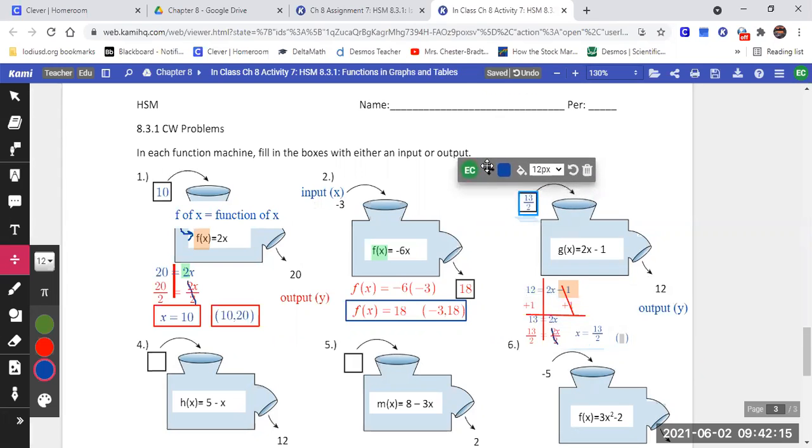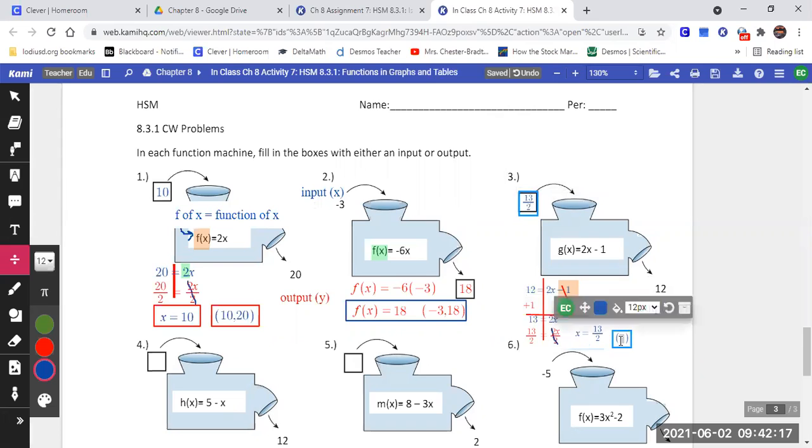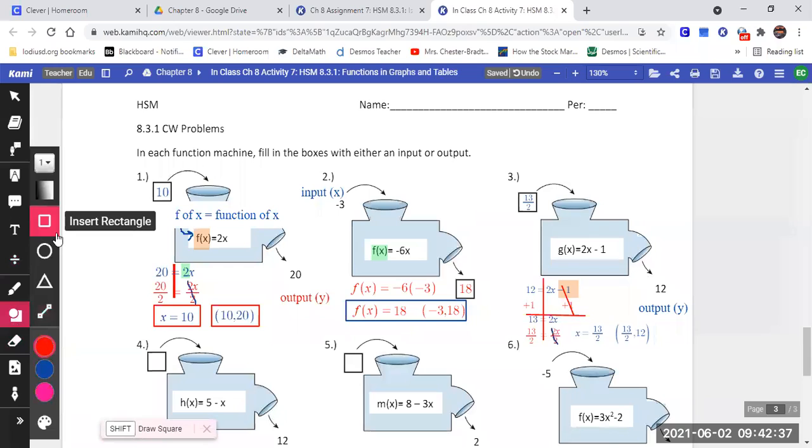How are we gonna write these two numbers, the input and the output, as a coordinate pair? Yep, 13 over 2, comma, 12. Okay, so just because it's an improper fraction doesn't mean that it's not part of a coordinate pair. It's still part of a coordinate pair. Okay.